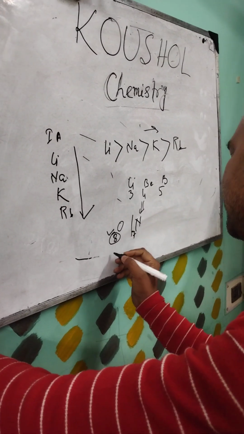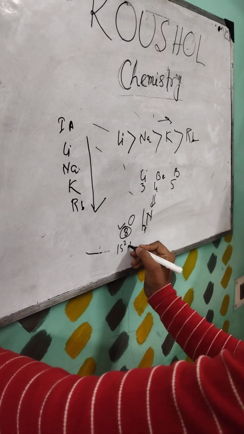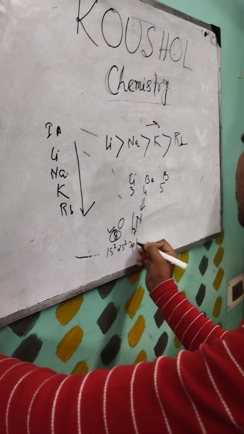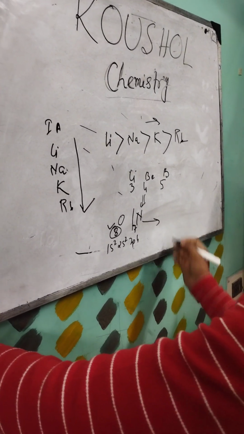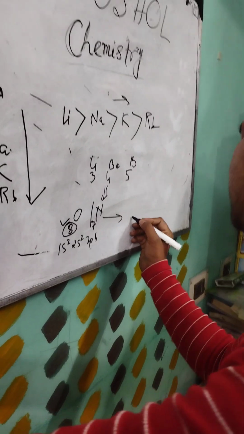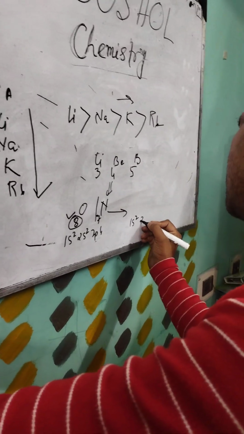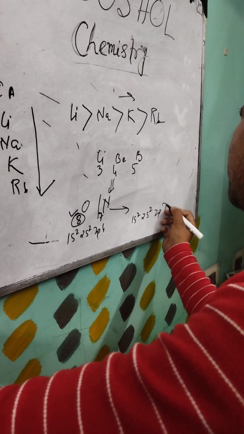Oxygen has atomic number 8, so its electronic configuration is 1s2 2s2 2p4, and nitrogen has 1s2 2s2 2p3.